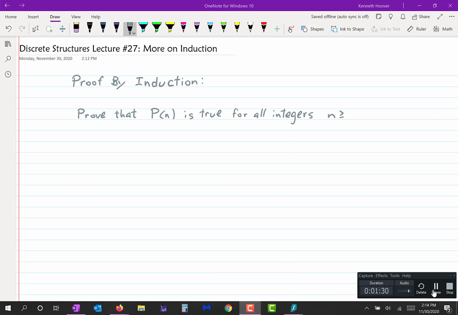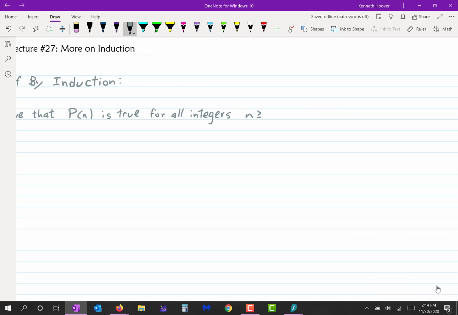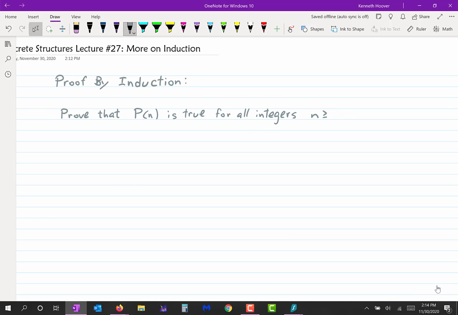I just looked in the last lecture, I used an A here. So prove that some statement P of n is true for all integers equal to or greater than A.